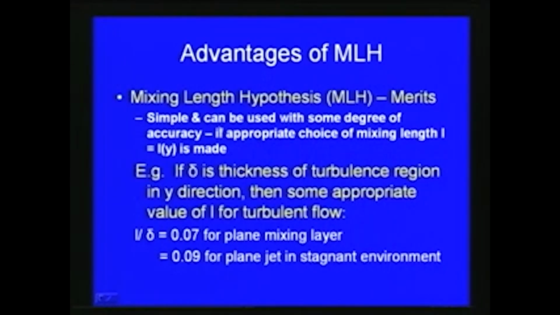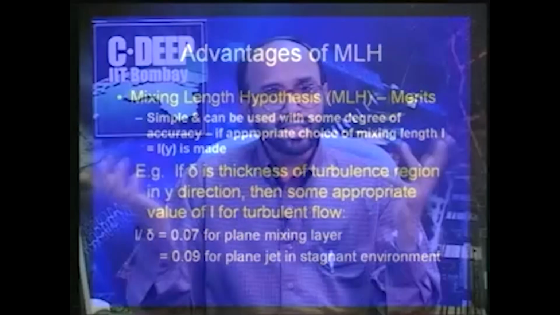Some of the advantages, or merits, of this mixing length hypothesis: this theory is simple and can be used with some degree of accuracy. We can easily understand this mixing length hypothesis. It is not as complex as the Reynolds equations or the complete turbulence theory.